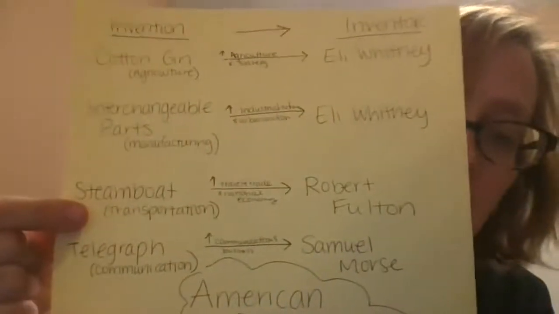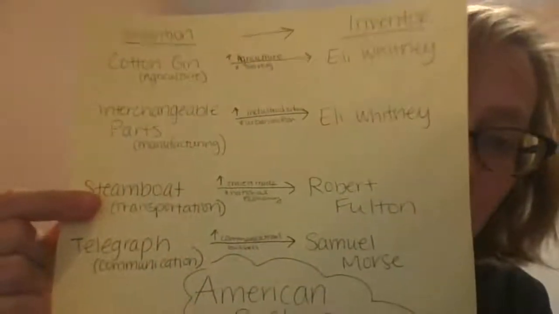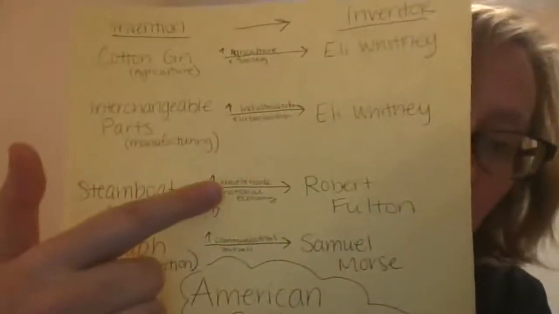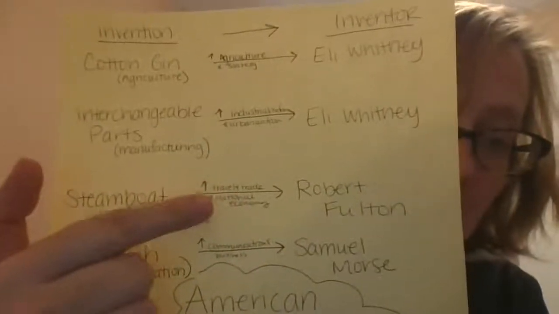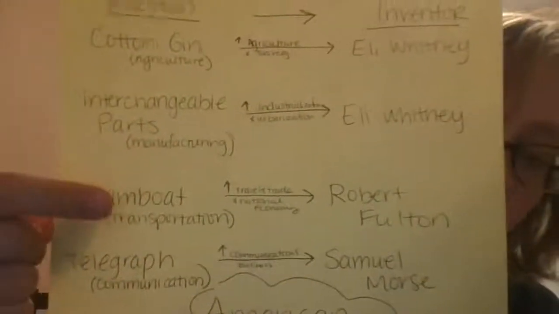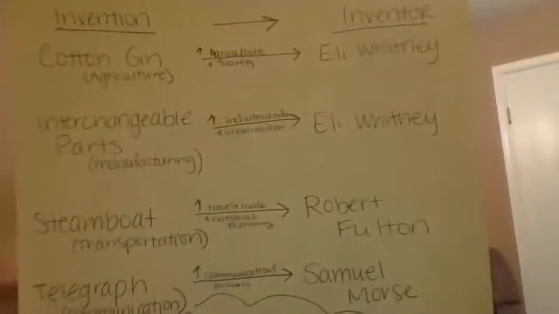The steamboat is an improvement in transportation. It is going to increase transportation and trade, and it is also going to help build a national economy. I'm going to have a whole section just on transportation and how transportation builds us a national economy. Because the South is doing one different thing and the North is doing one different thing.